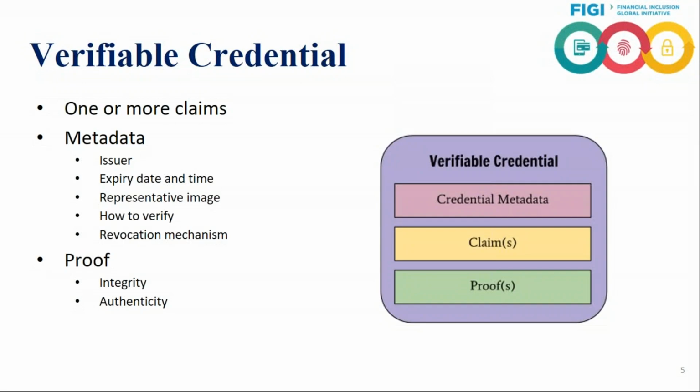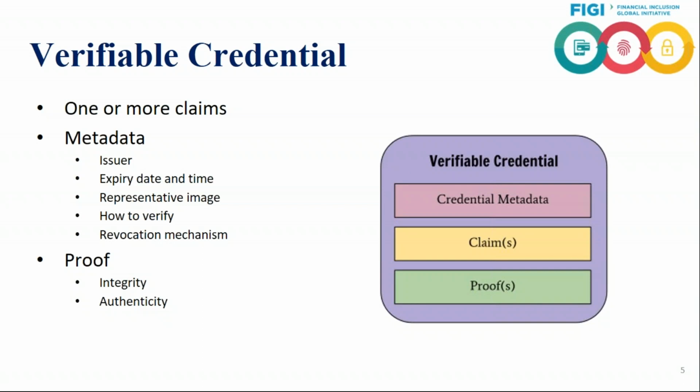So the last part is the proof. That consists of two things. Again, we call it proof. We used to call it signature, but that assumed a cryptographic signature, and they wanted to generalize to different forms of proofs.